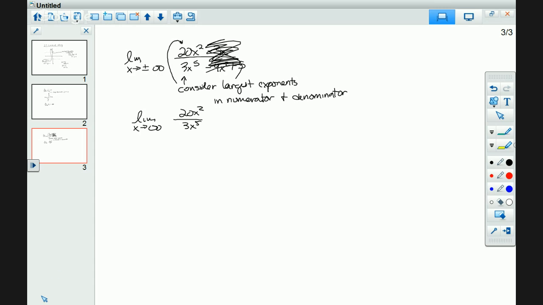Can I simplify that? Yeah, to 20 over 3x cubed? What's the answer? The denominator is going to get really big, right?